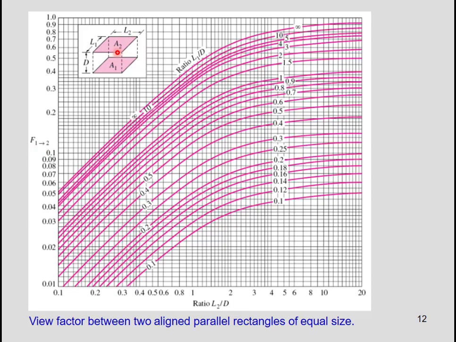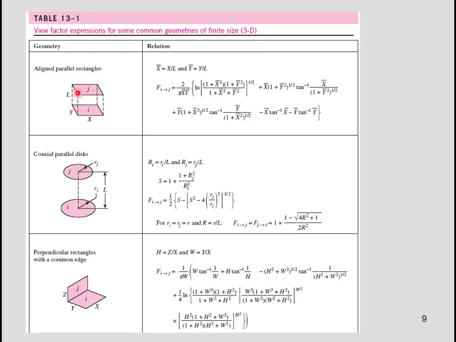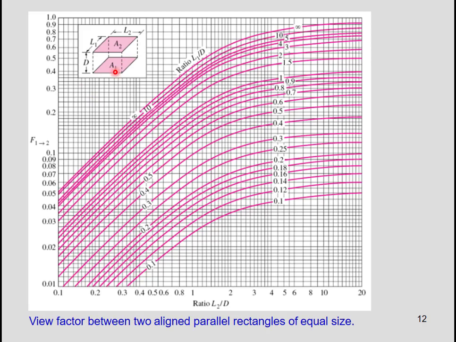If you remember, these are two simple plates. The first one is actually aligned parallel rectangles. You can see here they are located at a distance equal to D from each other, and the dimensions, the width and length of each one of these surfaces, are L1 and L2.